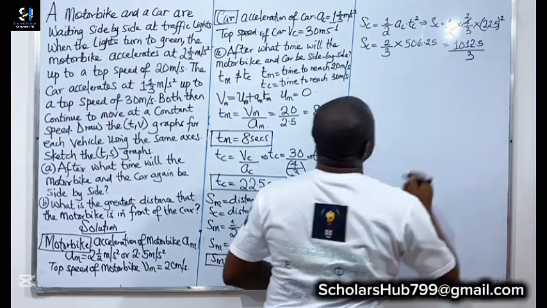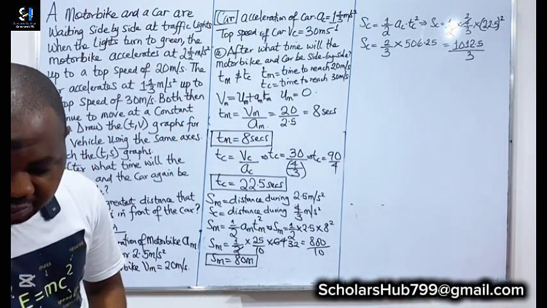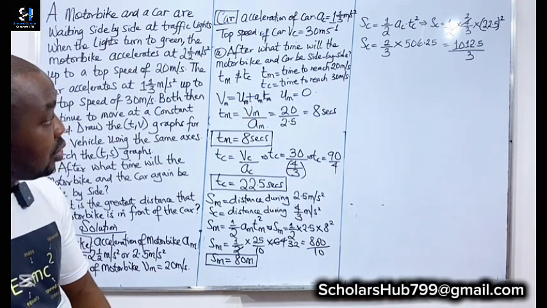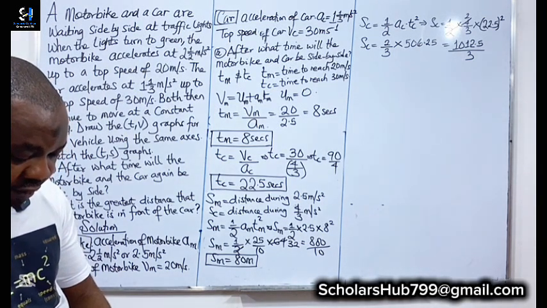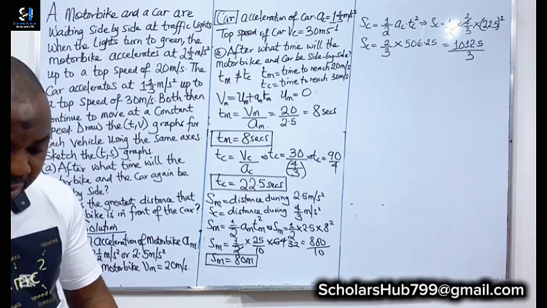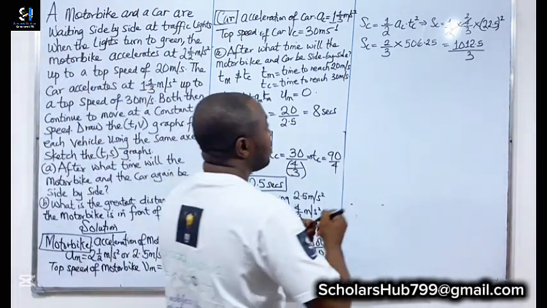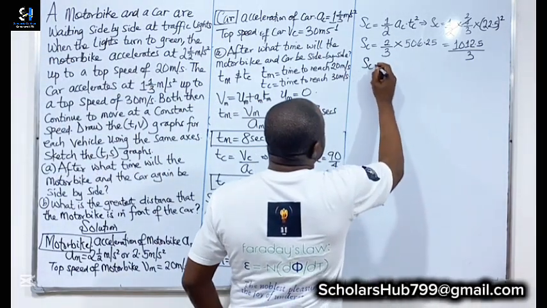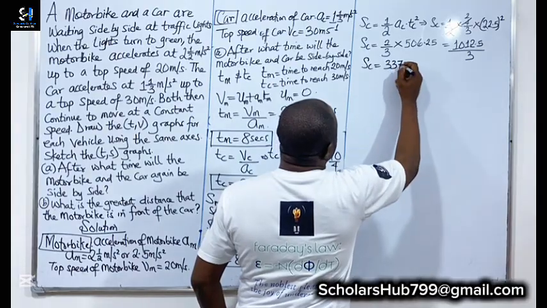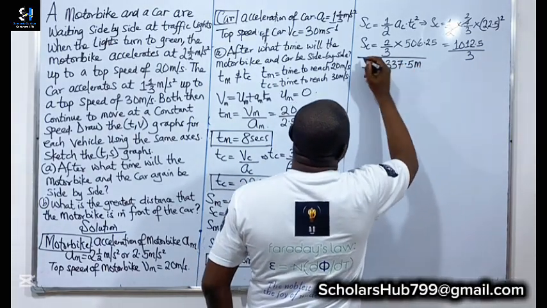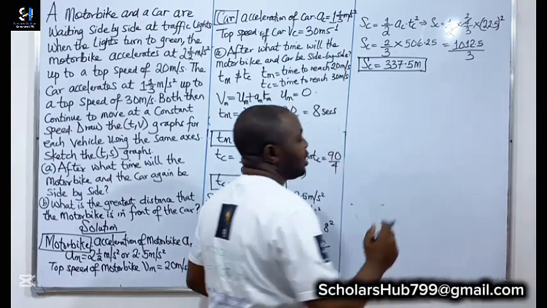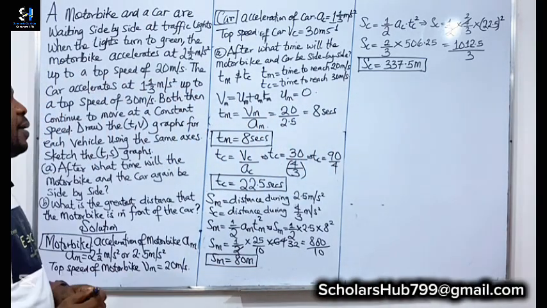Then divide by 3. 1012.5 divided by 3 will be 337.5. So that Sc will be 337.5 meters. This is the distance during the acceleration of the car.